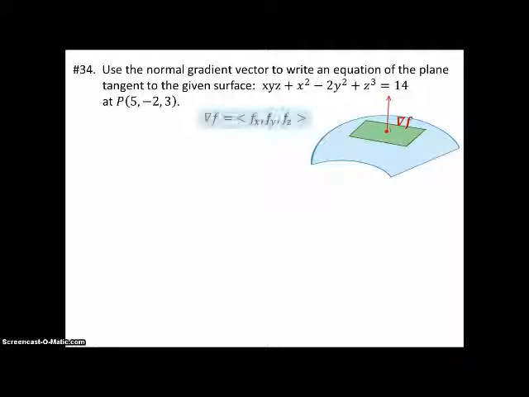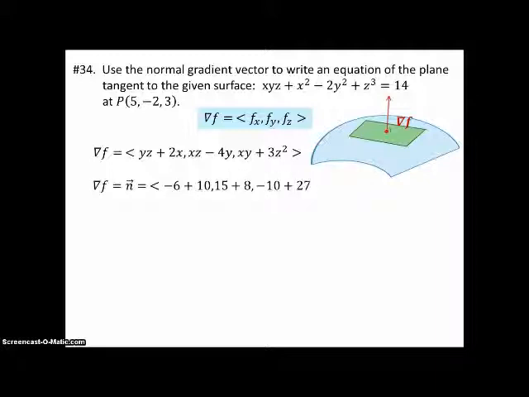tangent to the surface. So we need the gradient vector, so we compute the partial derivatives, which by now you're expert at computing. Then we plug in the particular values at that point, and we're going to use that gradient vector then as the normal to the plane. And then if we want a generic vector on the surface of the plane, it will be x minus 5, comma y plus 2, comma z minus 3, using a generic point x, y, z and the given point.